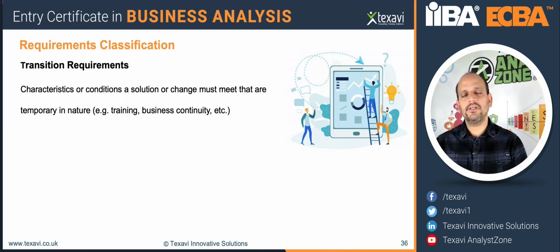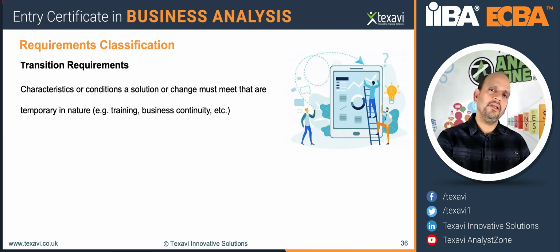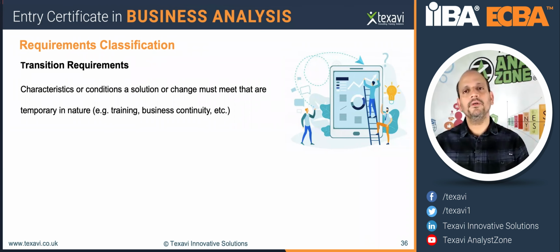So these are transition requirements, meaning you need to do these so that your solution would reach the hands of, and be able to work in the context of, the customers' or users' environment. So their devices, they should be able to use them.